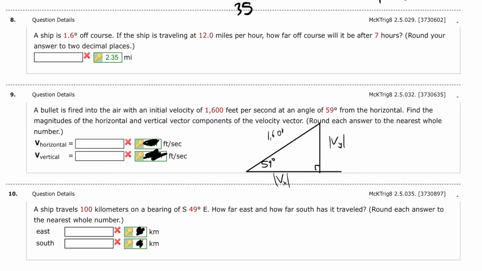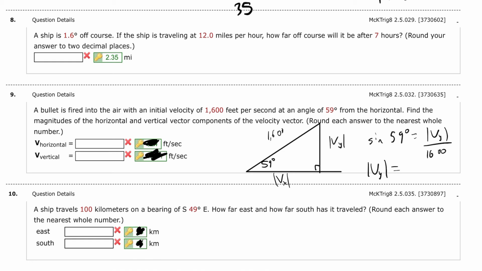And so to find these, we can just use opposite over hypotenuse. So v sub y is going to be, let's see, sine of 59 is opposite over hypotenuse. So let's write that out. Sine of 59 degrees is opposite over hypotenuse. And if you solve, you would multiply both sides of the equation by 1,600.